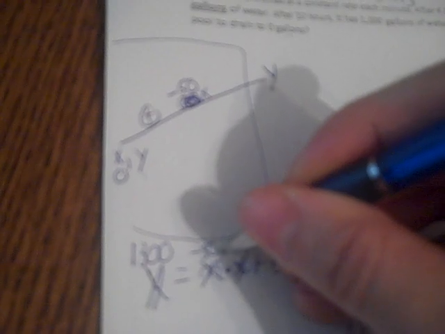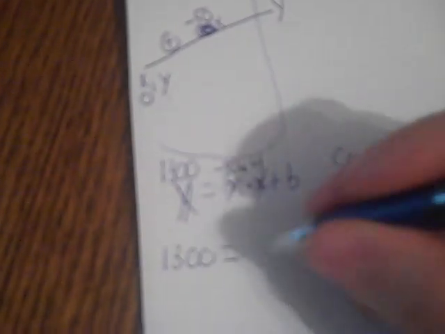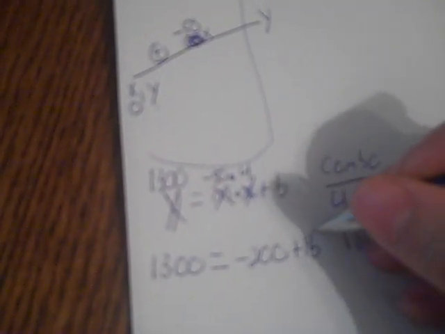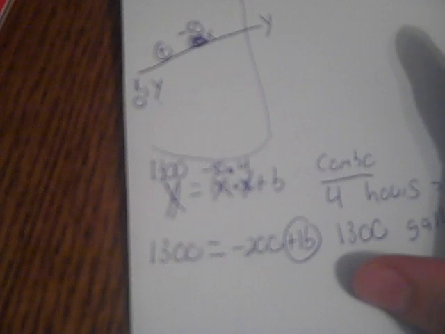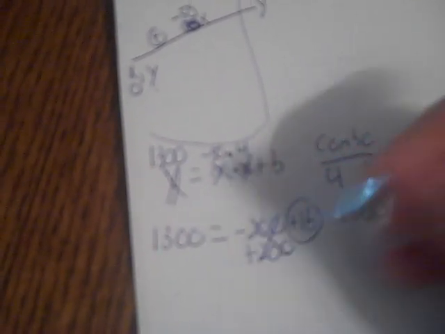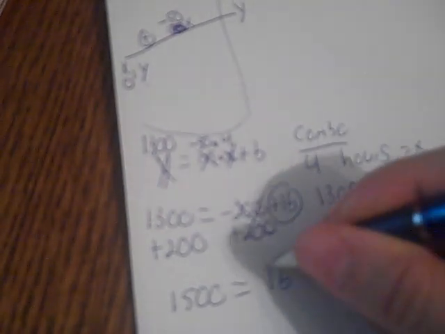You see that, that's negative 50, and then 4. Okay, so I have 1,300. Negative 50 times 4 is negative 200 plus b. Put a 1 in front, circle it, okay? So negative 200, we got to get that out of there, so add it. And that's 1,500 equals 1b. We don't need that 1 in there, okay? So 1,500.